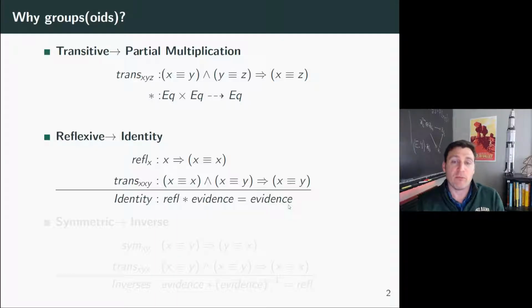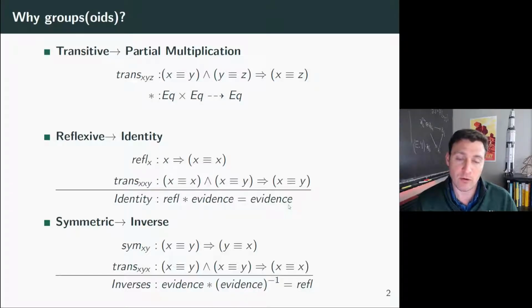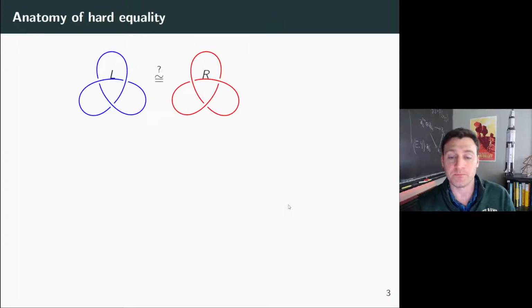It's behaving very much like an identity. And inverses come from the symmetric law. Evidence that x can be transformed into y turns into evidence that y transforms into x. And we can use that to think of it as loosely an inverse of that evidence. Now this is a little bit informal. It takes a type theory perspective to write this down with categories and so forth, but we just need to think of the big ideas here.